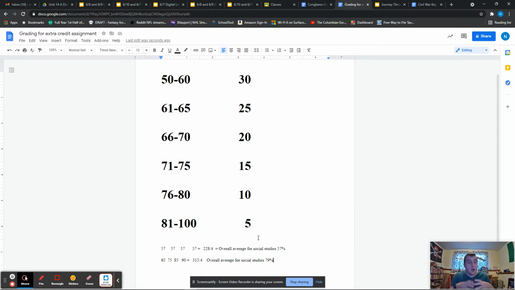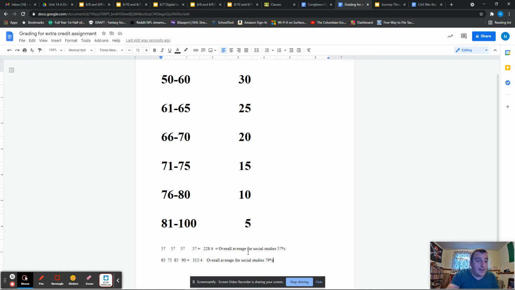Now, why am I telling you all this? It's important to know because whatever the average of your four quarters is, that's going to determine how many points you get for completing this assignment. For example, if you have between a 50 and a 60, you're going to get 30 points added to the total points you have accumulated, and then Mr. Caparella and I are going to divide by 4 to figure out your overall yearly average.